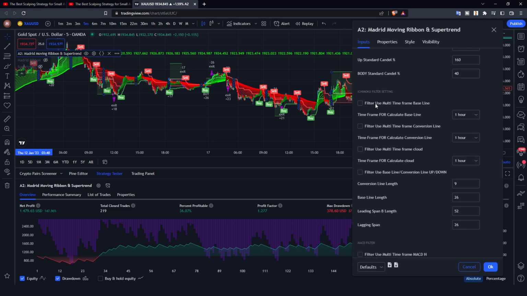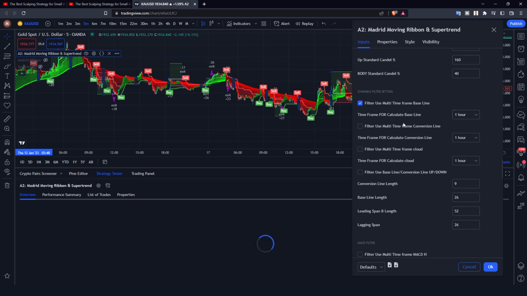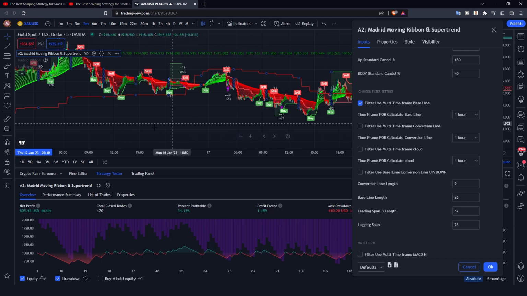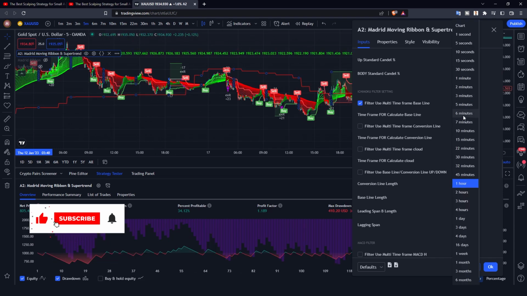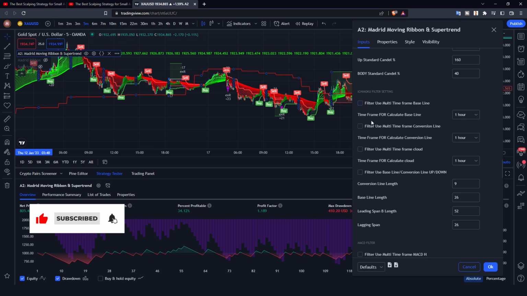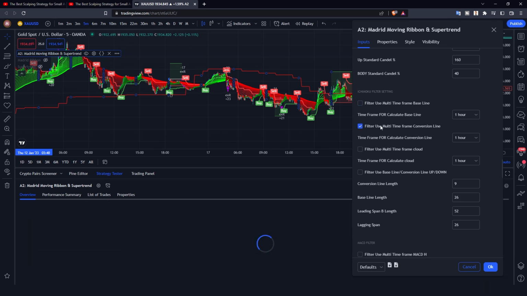In this part, we can choose different Ichimoku filters. We can choose the 1 hour baseline to identify uptrend or downtrend for us. This is the baseline of Ichimoku, but you can choose the 1 hour baseline on other time frames. You can choose the conversion line as a filter.